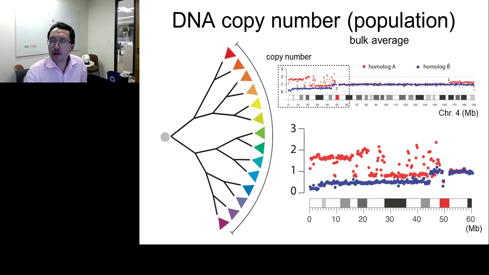If you look at the red allele, you can see there are a lot of dots that oscillate between copy number 1 and approximately copy number 2, essentially reflecting segmental amplifications or segmental loss. Whereas if you look at the blue allele, it shows largely a loss with an average population copy number between 0 and 1. Let's first look at the blue allele.